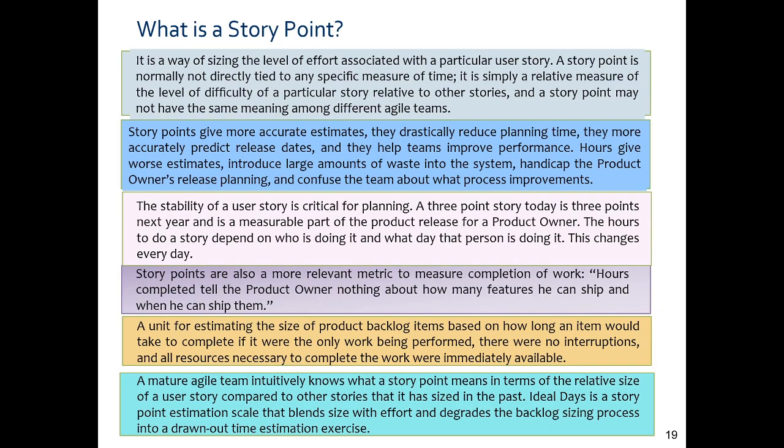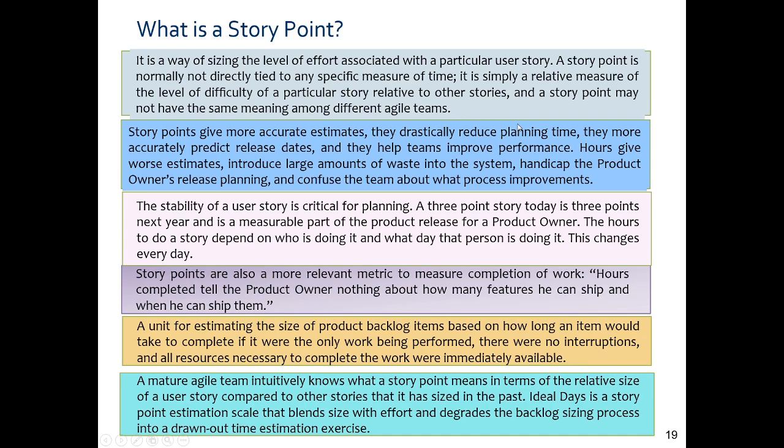One of the things is that story points are the metrics to measure the completion of work, so that complex stories will require more time, and simple stories, the obvious ones, might not require that much time to complete.